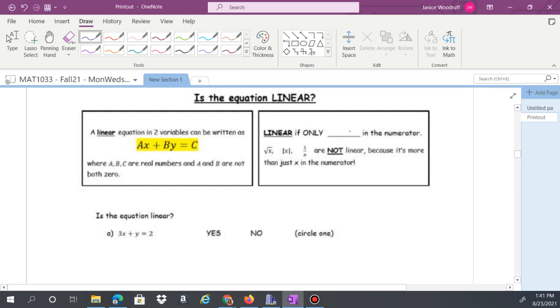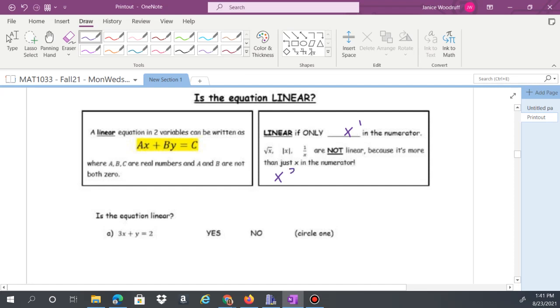Linear only if you have an x to the first in the numerator. So all of these are not linear. Square root of x isn't linear. Absolute value is not linear. 1 over x is not linear. So you can't have an x in the denominator.